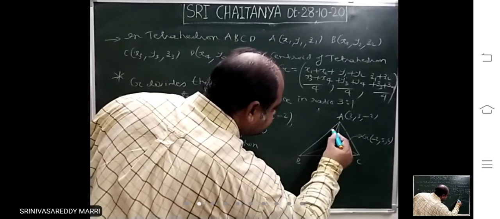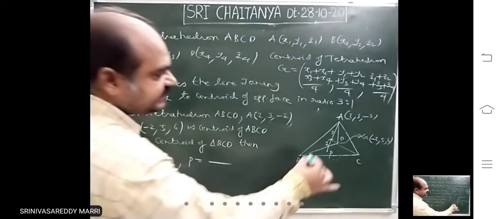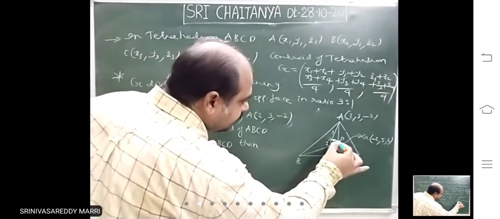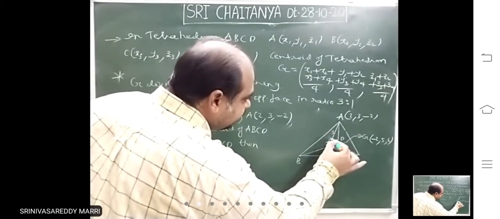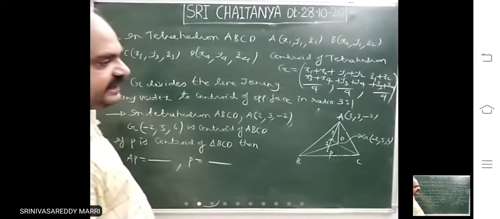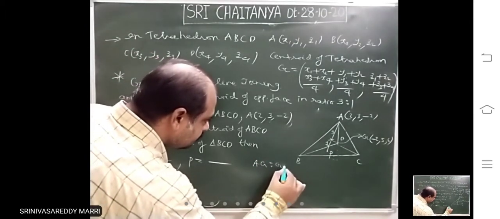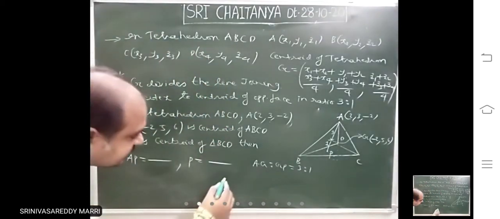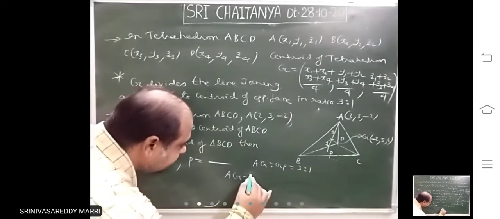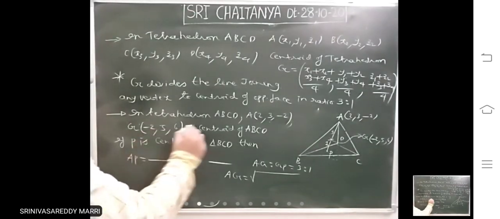Now you know this ratio 3:1. This is the point G. AG is to GP is 3:1. That you know the property. AG distance you know. AG distance first I will calculate, try to calculate distance only.